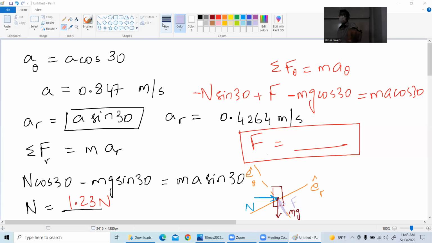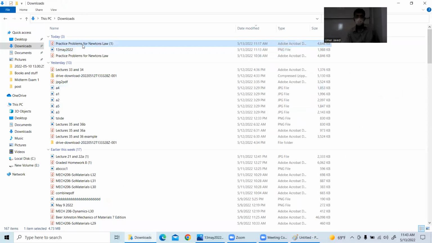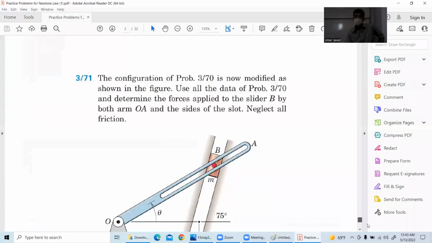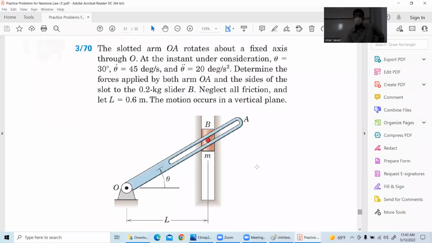What about the N? The fact that this whole object is moving in this slot, the wall has to come up with a normal force, right?